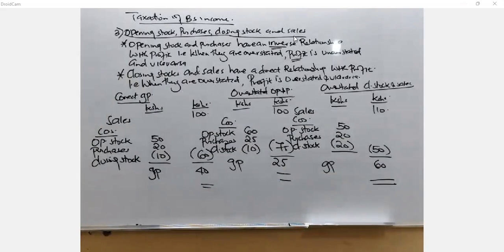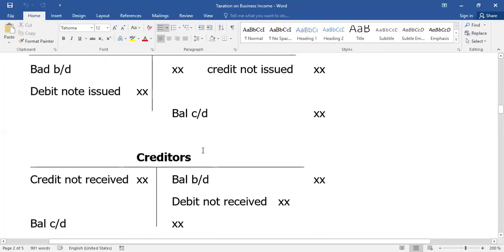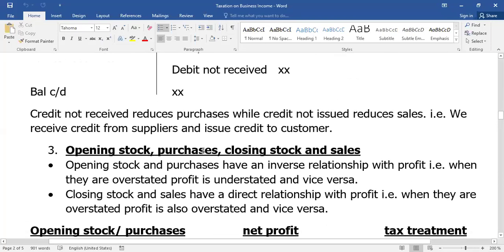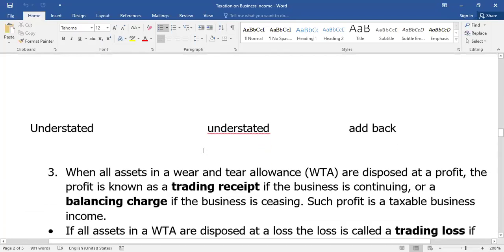Now, let us proceed. We have very good notes there for analysis.